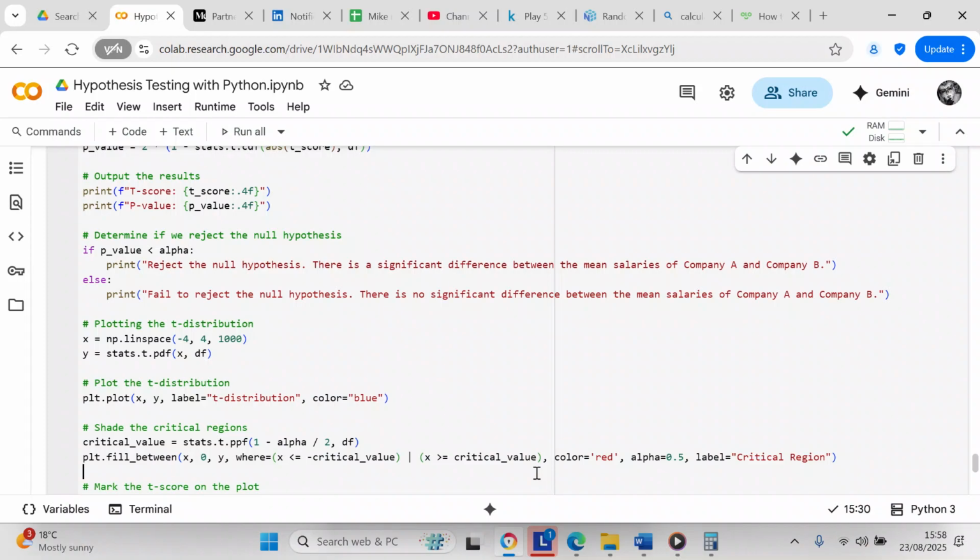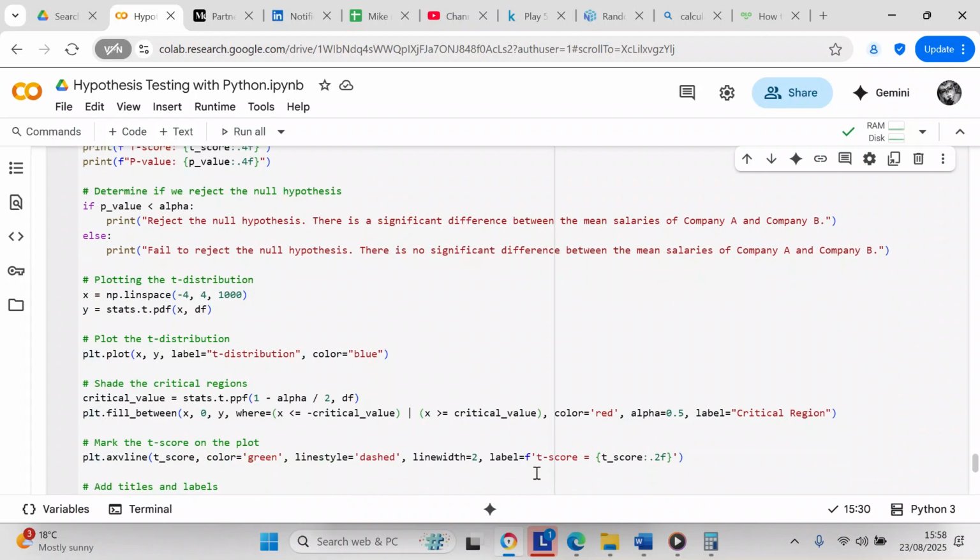And plt.fill_between, brackets, x, comma, 0, comma, y, comma, where x is less than or equal to negative critical value, or x is greater than or equal to critical value, comma, color equals red, comma, alpha equals 0.5, comma, label equals critical region.